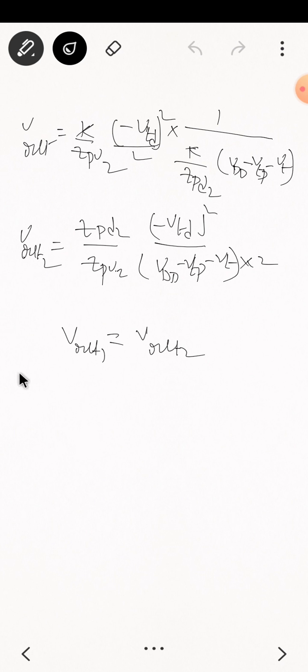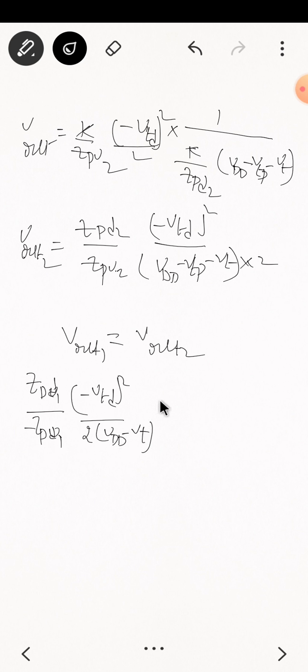Okay, guys. ZPD1 by ZPU1 into minus VTD whole square by 2 into VDD minus VT is equal to V out 2.